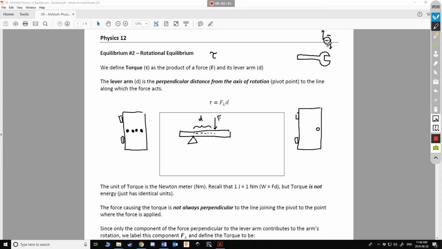You notice how from the center of the nut or the screw to the force is very small. So you need a very big force. However, by using a wrench like this, you're maximizing that distance. You're increasing that d such that you can apply a smaller force in order to turn the bolt or nut or screw or whatever it is you are turning.